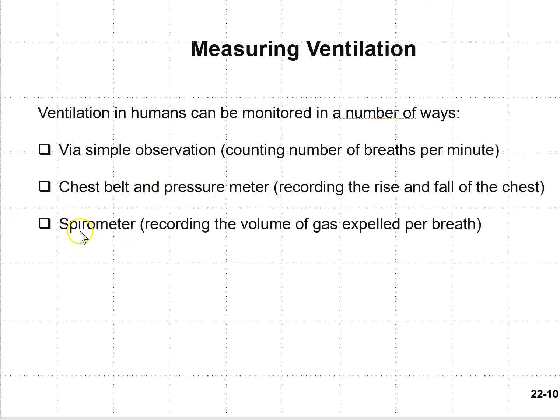And the last method is the use of a spirometer. The spirometer is a device that detects the change in ventilation, and it gives us some data on inhalation and exhalation.